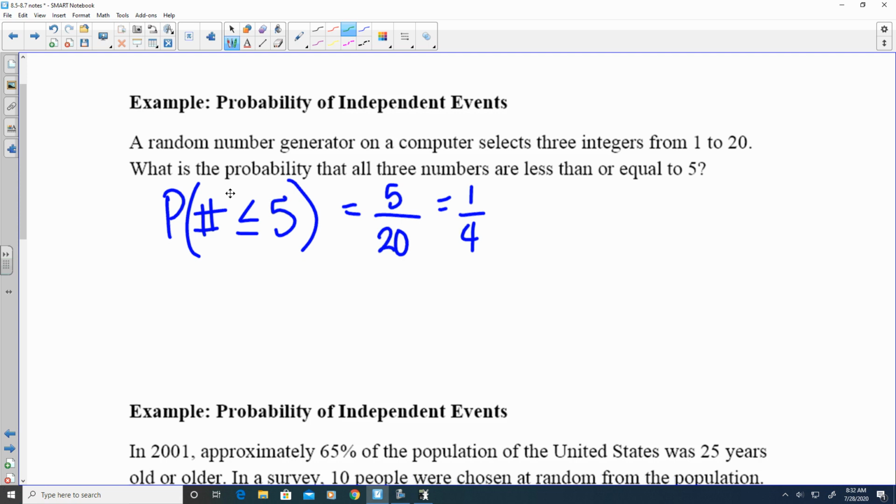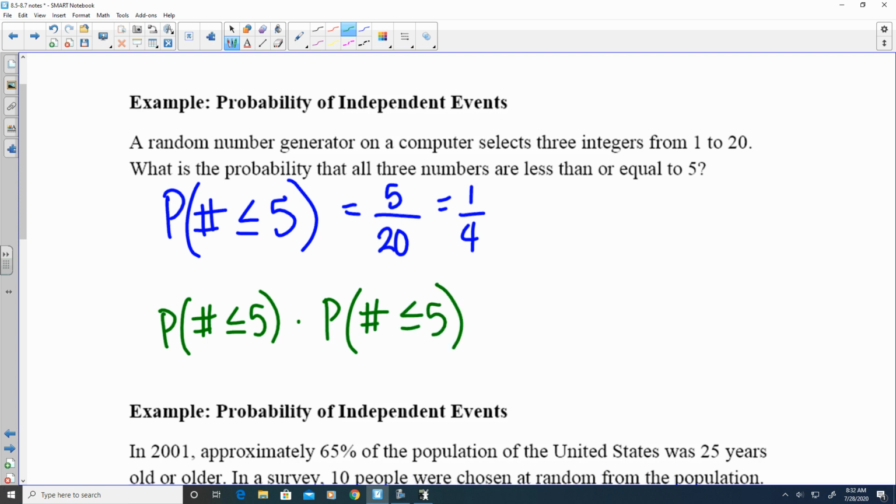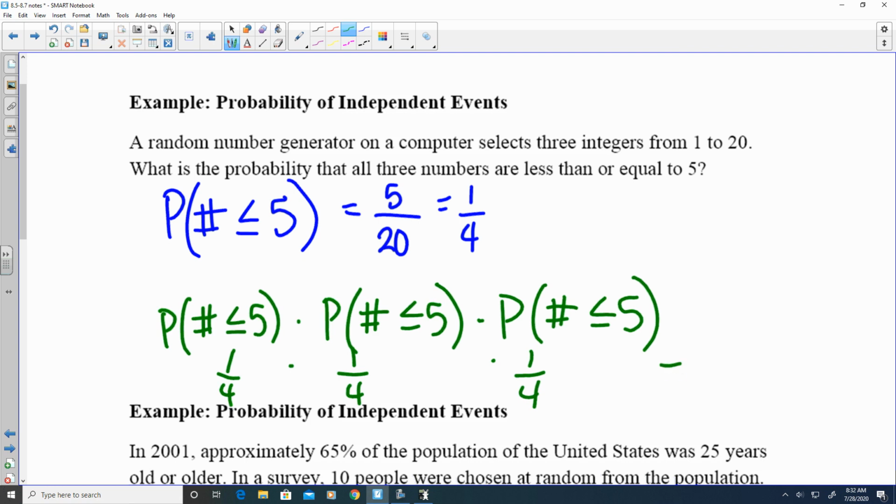I want that 3 times. Since these are independent of each other, we're just going to multiply them together. So 1/4 times 1/4 times 1/4, which is 1/64.